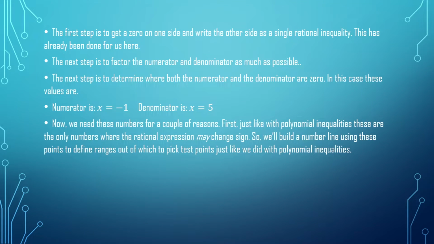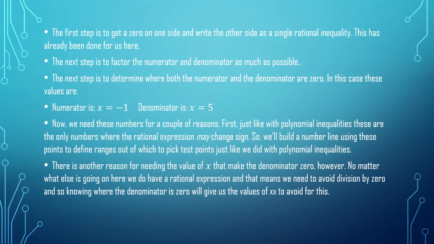Now we need to find these numbers for a couple of reasons. First, just like polynomial inequalities, these are the only numbers where rational expressions may change sign. So, we'll build a number line using these points to define ranges out of which to pick our test points, just like we did with polynomial inequalities.